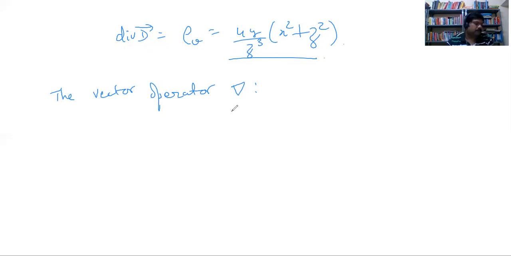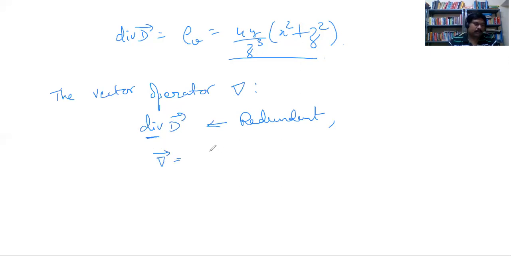Every time we cannot write divergence of D. This becomes redundant, not in the sense of useless, but it's very difficult to write div every time, and we cannot specify any operations on D other than divergence.